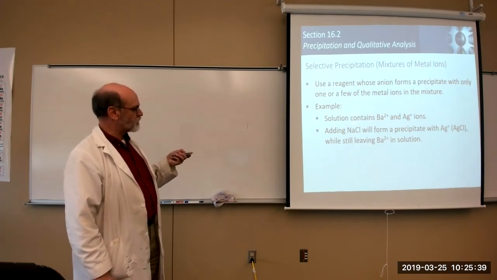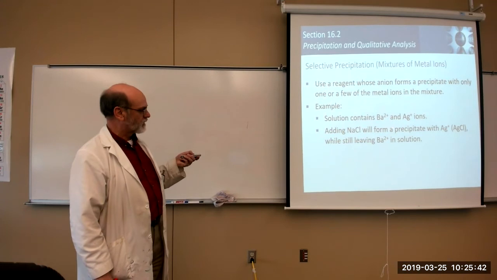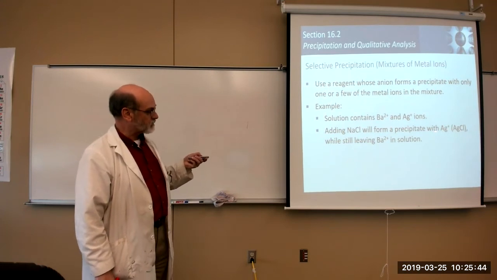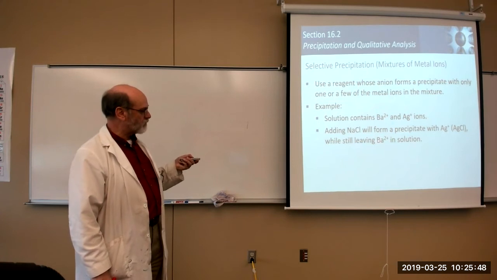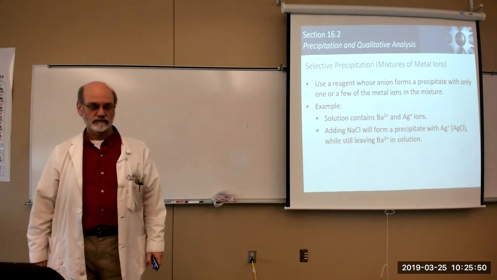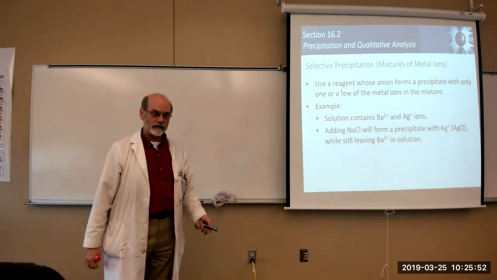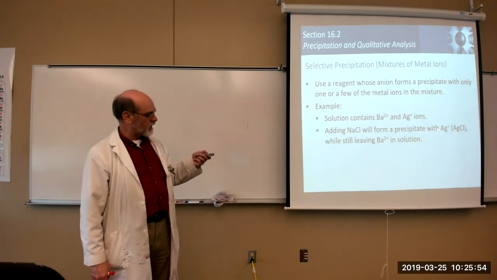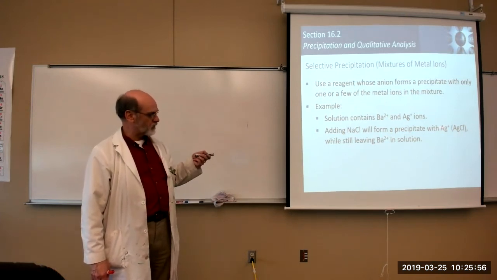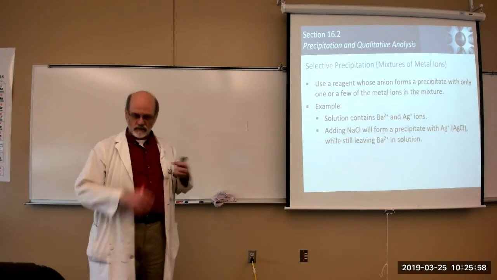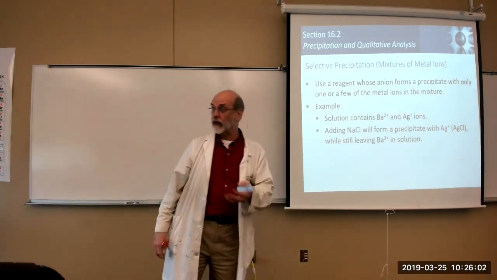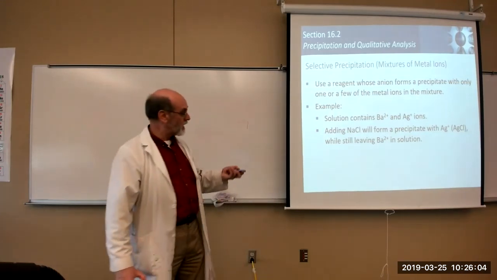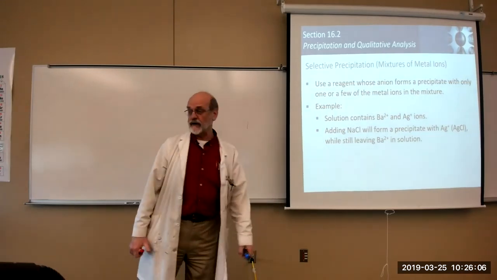So what would happen if you add sodium chloride? Well, it forms a precipitate with silver, but chloride and barium are soluble. Right? That's the simplest way. We know that silver chloride is insoluble, relatively speaking. Right? That's very low solubility. But barium chloride is very high solubility.